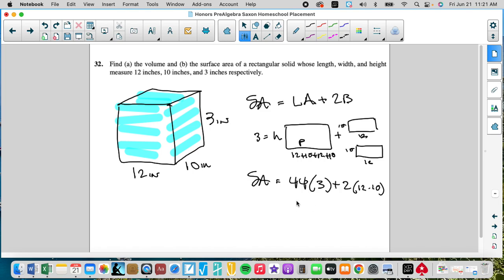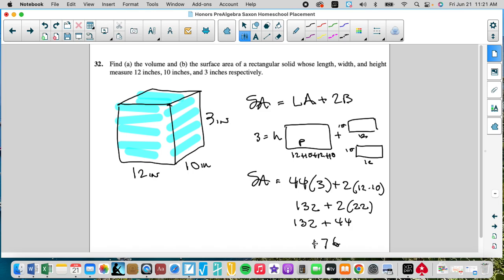So that's going to be, what is that, 132 plus 2 times 22, so 132 plus 44. 44, did I do that right? No. Yeah, 44, which is 176. I think I made a boo-boo there.